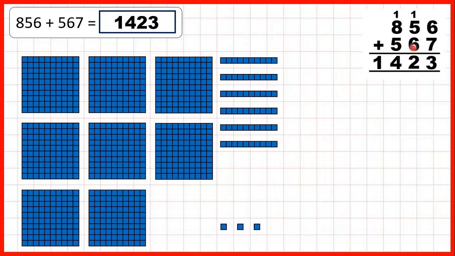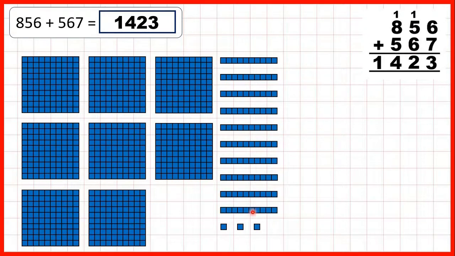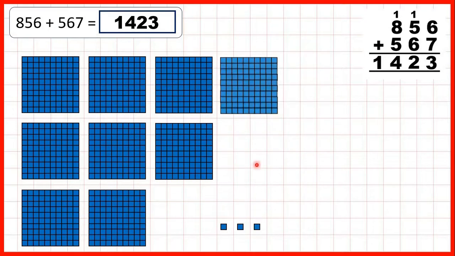Now we can add 6 tens. 1, 2, 3, 4, exchange, 5, 6, so we've made 1 extra 100 and we have 2 tens in our answer. So now we need to add 5 hundreds. But remember, when we get 10 hundreds, we can exchange those for 1,000.